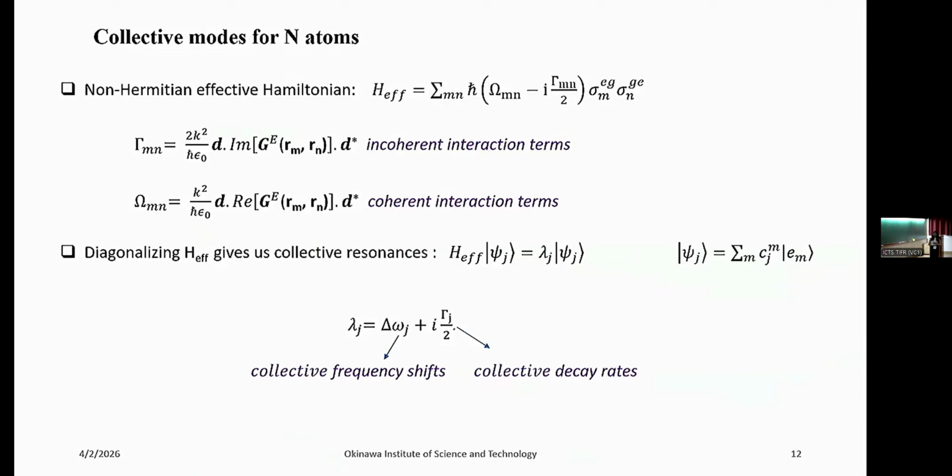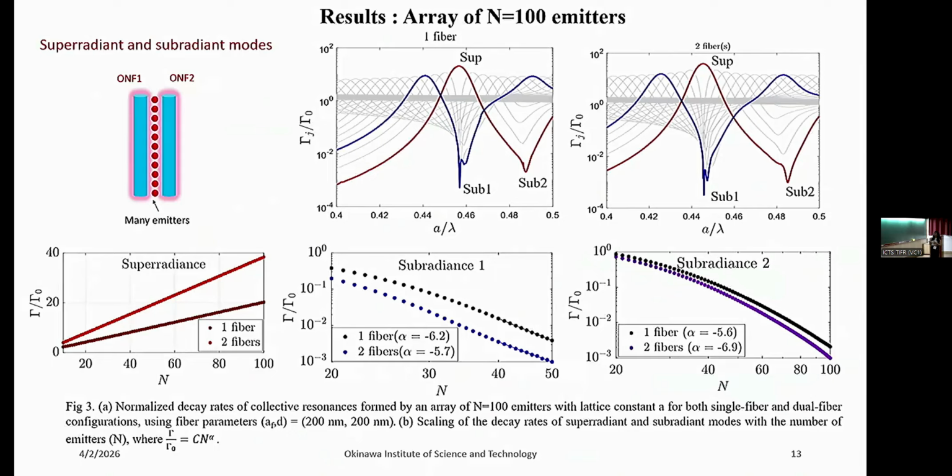By diagonalizing this effective Hamiltonian, we find the collective modes, where the real part is the collective frequency shifts and the imaginary part is the collective decay rates. So we find the superradiant and subradiant peaks.